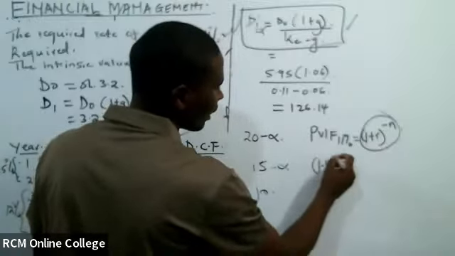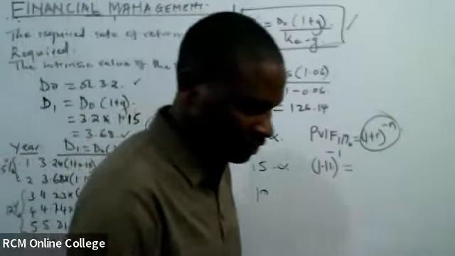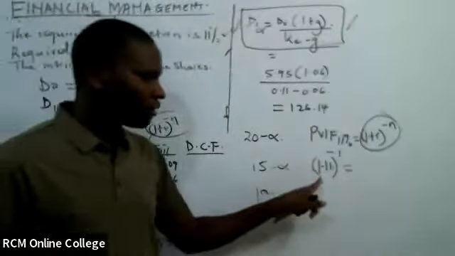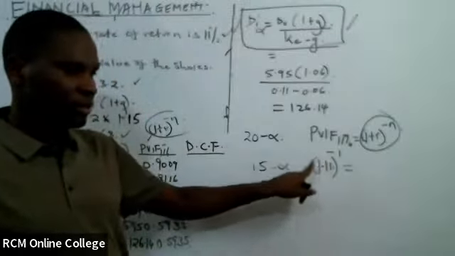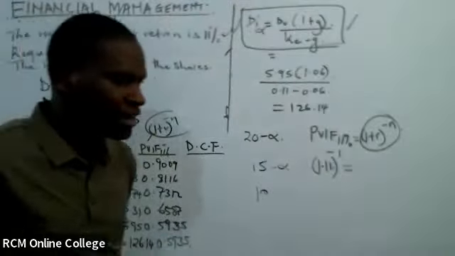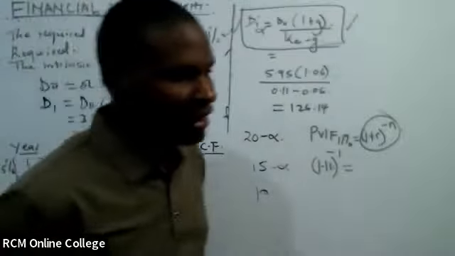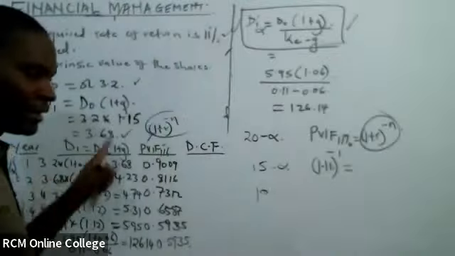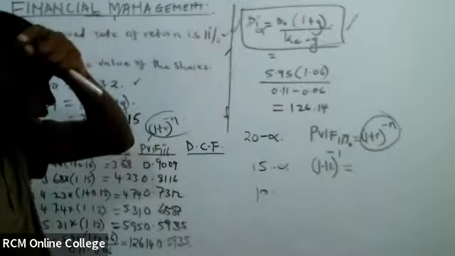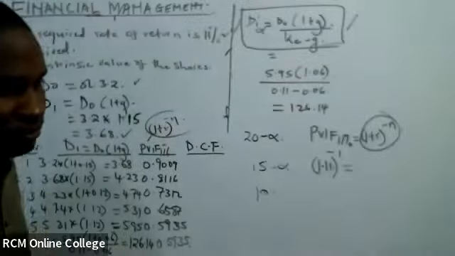Let it be in bracket, raised to -1, and tell me what you will get. This is for Monica only. Thank you so much for guiding her as well. Bracket 1.11 raised to -n. Umefanya hivyo? -n is -1. Sasa si tuko sawa basi. Ukienda kwa ya pili ni mwaka ya pili, raised to -2. Ukienda kwa ya tatu, raised to -3. Monica, are we now together?